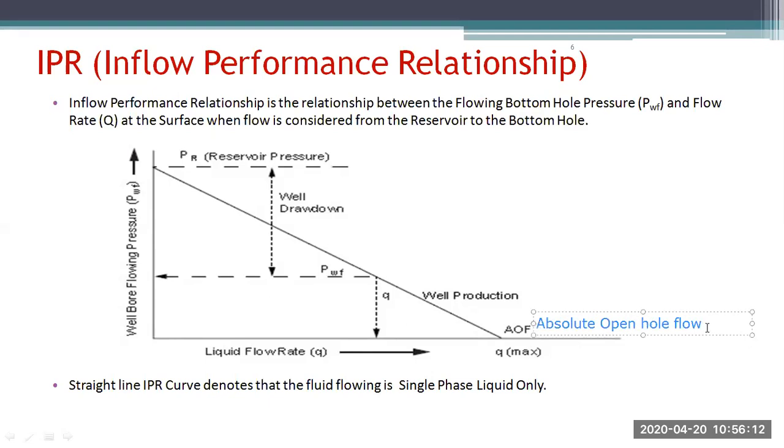That means at this condition the PWF is 0, and PR is maximum. So whatever flow rate I am getting, it is the maximum or absolute.